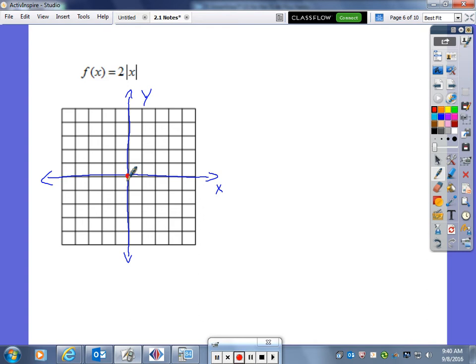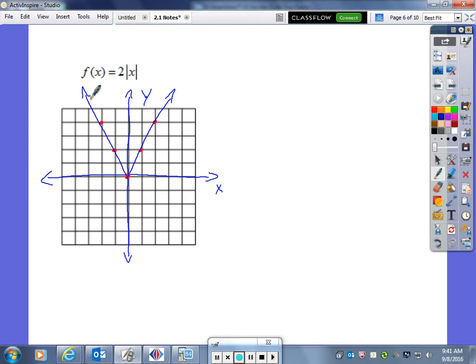So we have a vertex in the same place, but instead of going 1 up, 1 to the right, we go 2 up, 1 to the right, 2 up, 1 to the right again, and 2 up, 1 to the left, 2 up, 1 to the left, to get a graph which is steeper. And if you remember what steepness really means, it's related to slope.